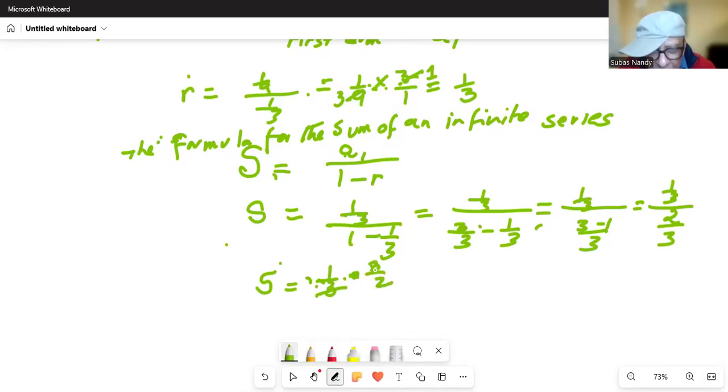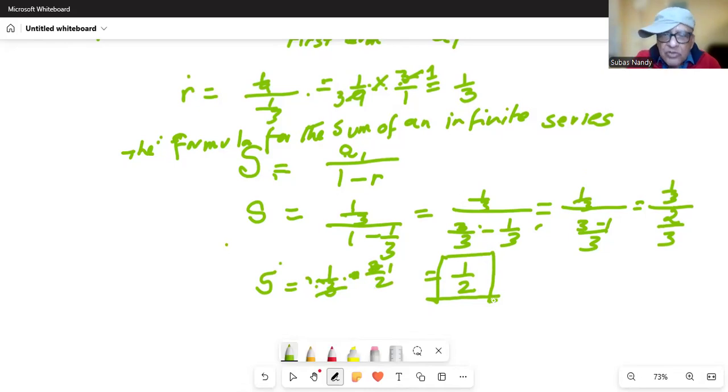This 3 cancels with this 3, and the answer is 1 over 2. So this is your final answer. Half. That is the sum of the infinite series. Okay, that is the answer to the problem.